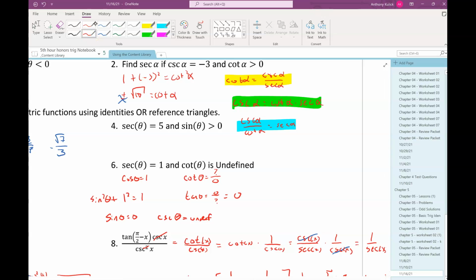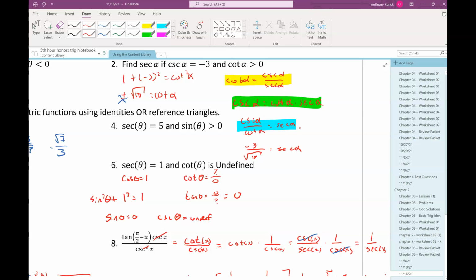And that's helpful because I know cosecant is -3, and I know cotangent is root 10. So all I would need to do is rationalize that denominator, and we've got ourselves our secant. Is that cool? So I just rearranged that cotangent quotient identity to get the secant by itself.